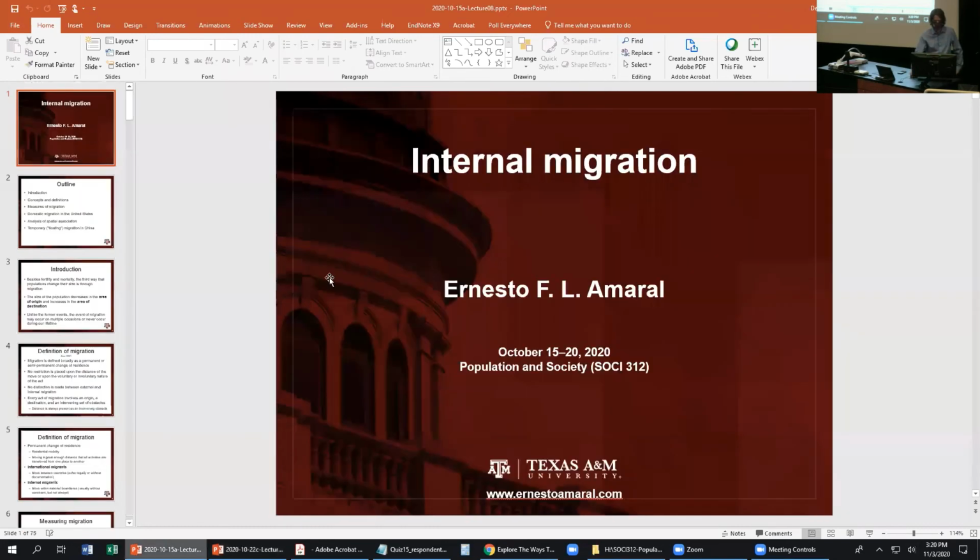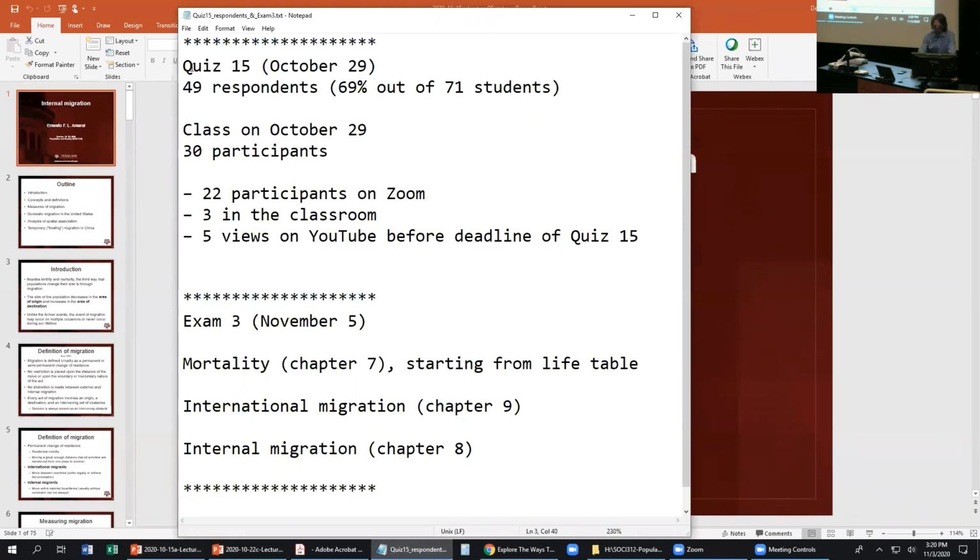And before I go into the lecture on internal migration, let me go over what happened at the end of last class. We had quiz 15 last Thursday, and a total of 49 respondents answered by the deadline, which was the following day by noon. So it was 69% out of 71 students.